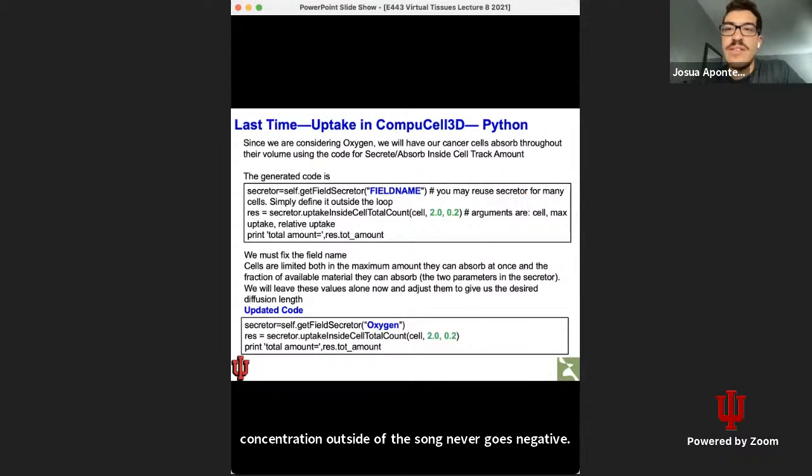Uptake in CompuCell is specified in Python, and we looked at the code to do so. We need to call the get field secretor object that refers to the field that we specified as the field that the cell is uptaking from. Then we call the uptake function on that secretor.